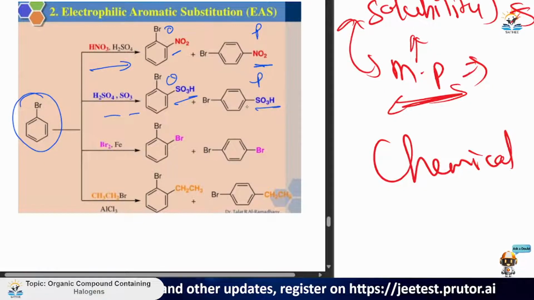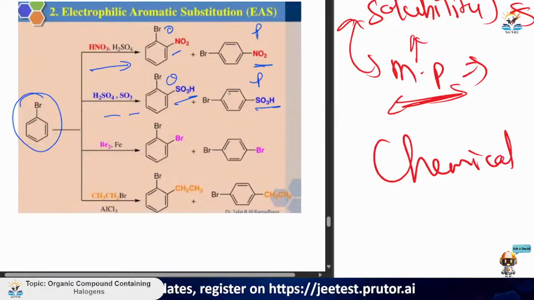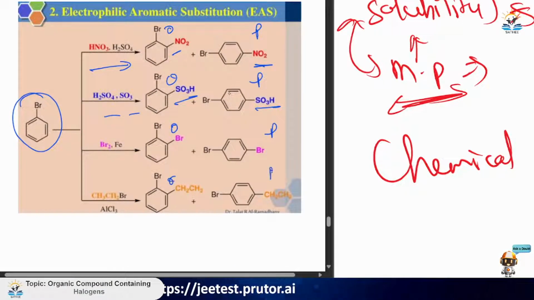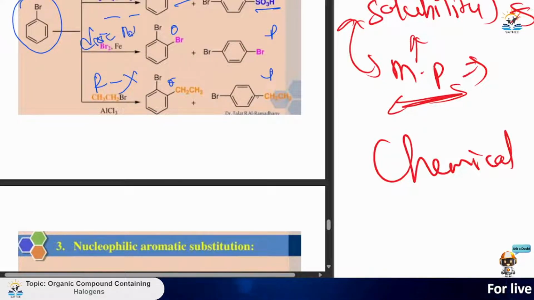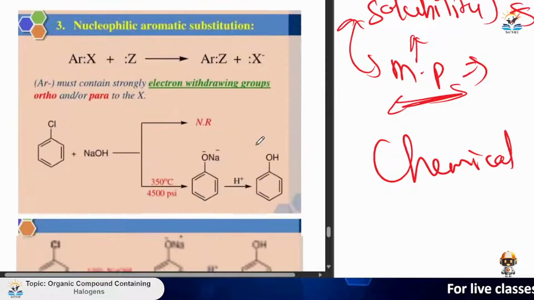Ortho, para. This product is formed. Meta will not be formed. See, it is a strong nucleophile, so it will form ortho and para only. This CH3, CH2Br, this is RX. This is direct halogenation, and we are using a Lewis acid there.